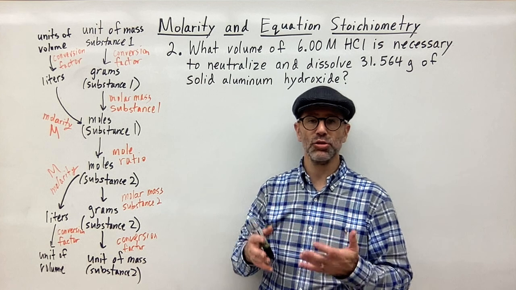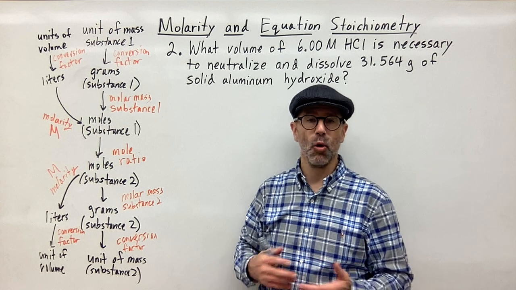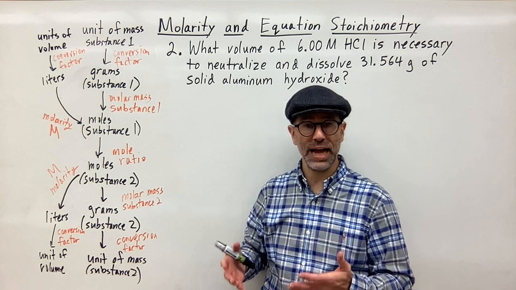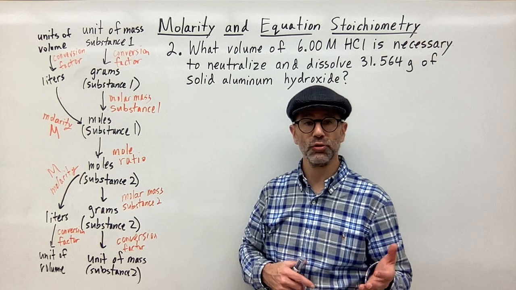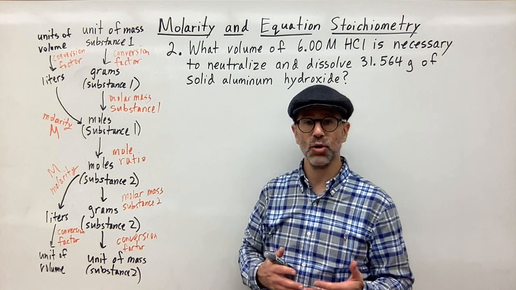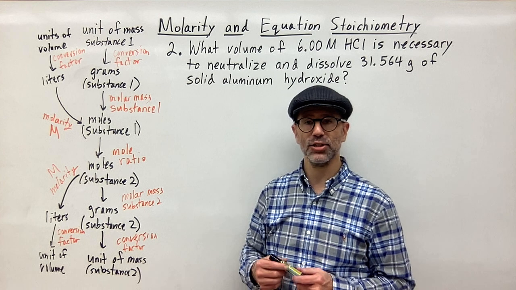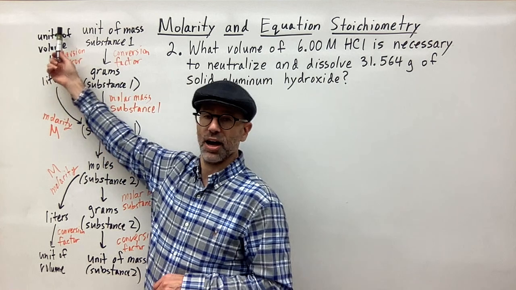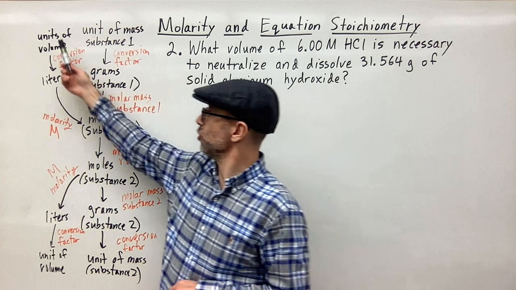Now we're introducing molarity. Molarity is a measurement that you can use as a conversion factor to convert between volumes and moles. So if you're given the molarity and the volume of a substance and you want to get to a different substance, you can use molarity as a conversion factor to do that. Here we have an offshoot, like maybe this is your main highway, as I call it, and this is your off road.